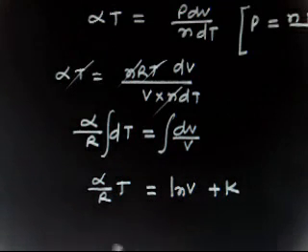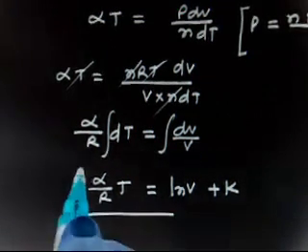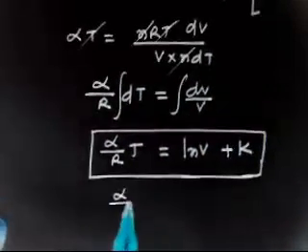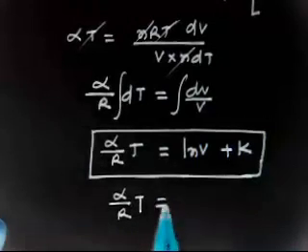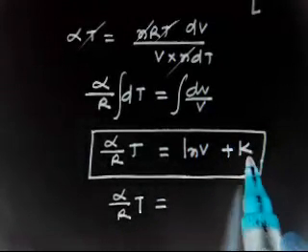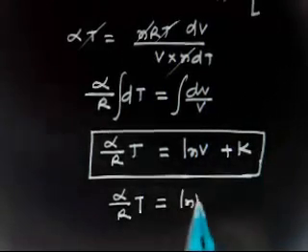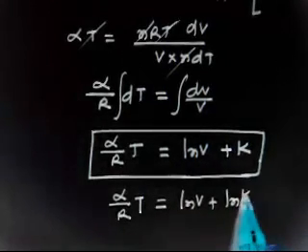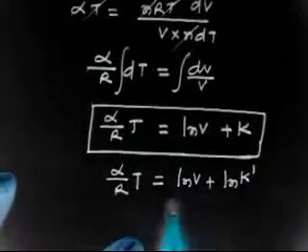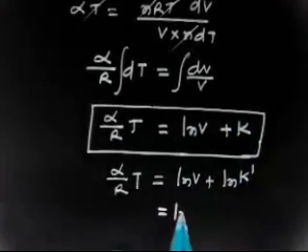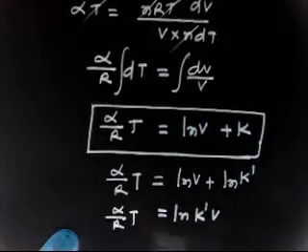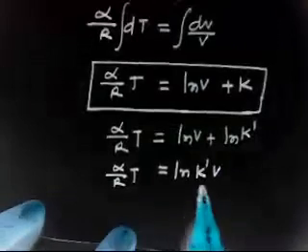If you want, you can also write the same equation in exponential form. So what you can write is alpha by R into T equals ln V plus a constant. This is a constant, so I can also write it as ln K dash, and ln a plus b equals ln of the product. So ln V plus constant can also be written in the form of ln. In that case, ln K dash into V equals alpha by R into T, and from there I can write in exponential form.